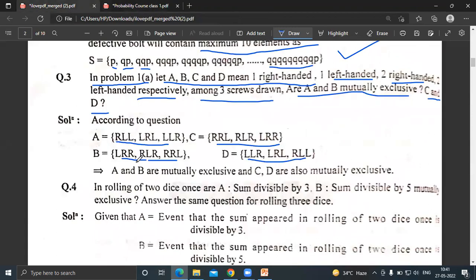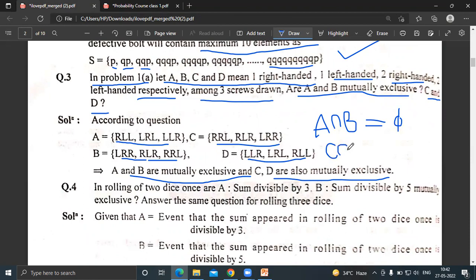Check here whether A and B have common points. No common points exist between A and B, so A and B are mutually exclusive. Check for C and D: no common points exist here, so C and D are also mutually exclusive. Why? Because A intersection B is phi, and C intersection D is also phi.